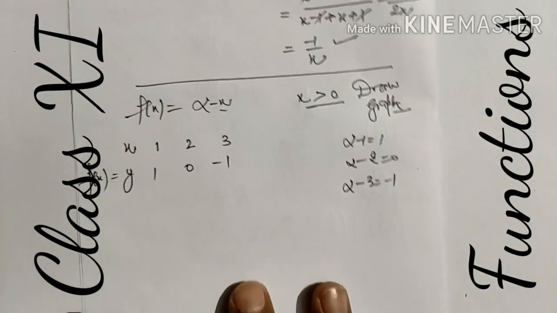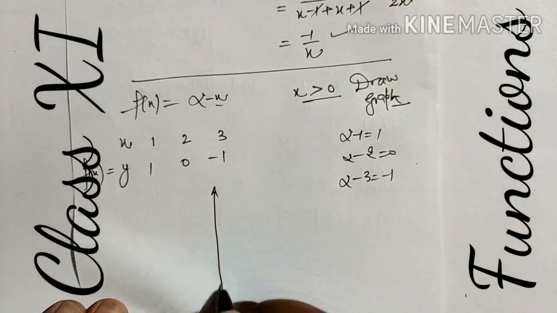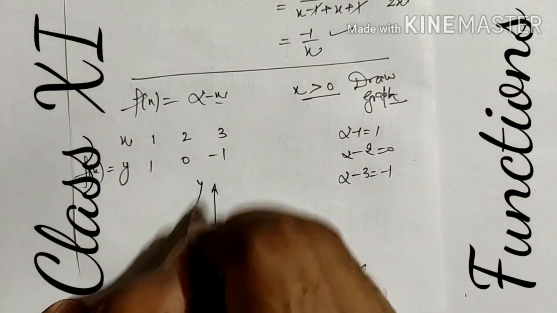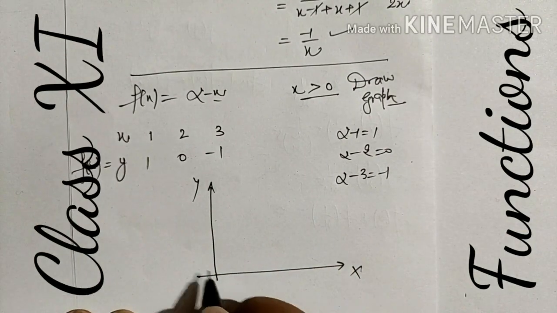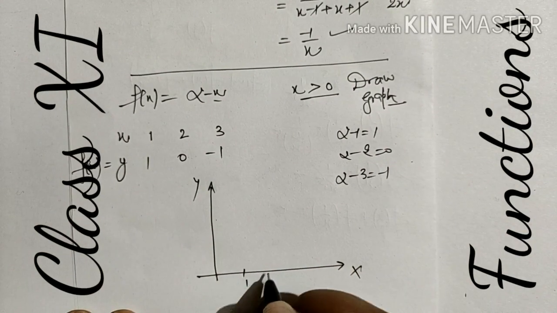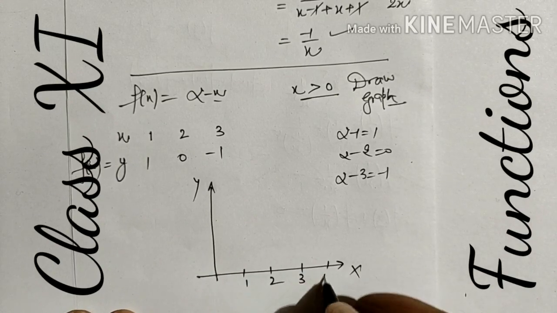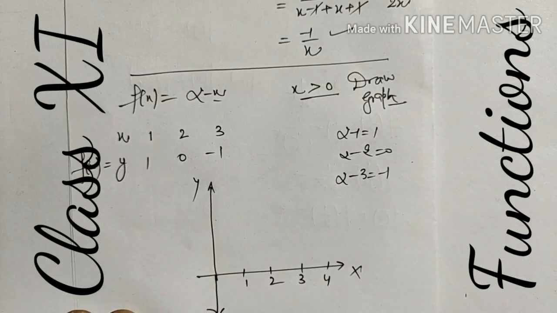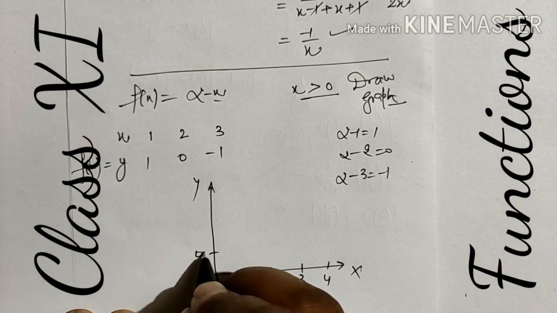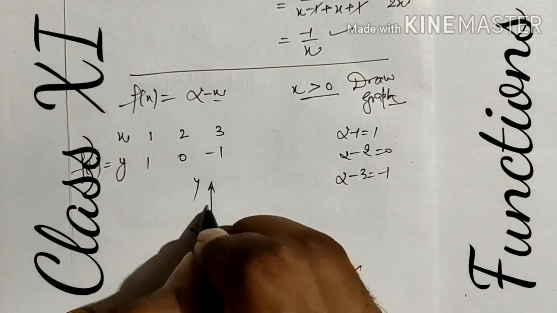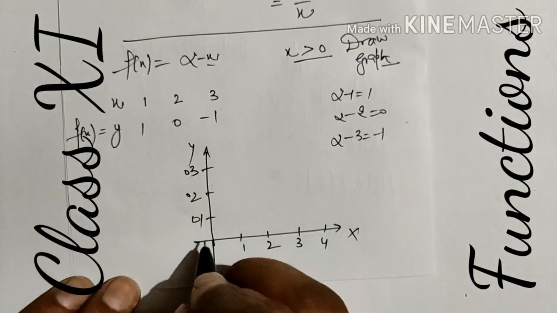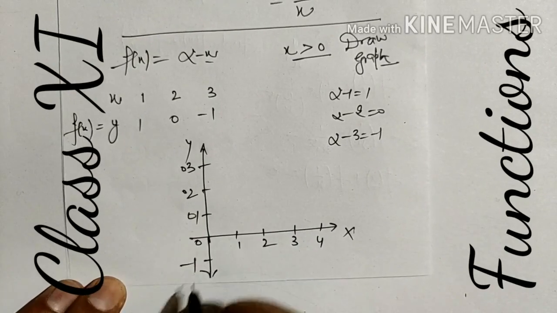To represent it, we have to draw the coordinate axes, the x-axis as well as the y-axis. On the x-axis we need only positive values. On the y-axis we need negative values also. On positive 1, 2, 3, this is the origin, both are 0, minus 1.